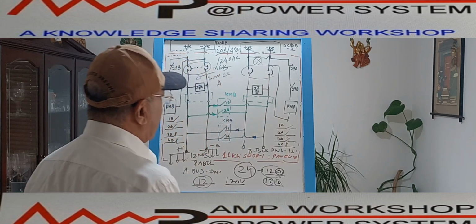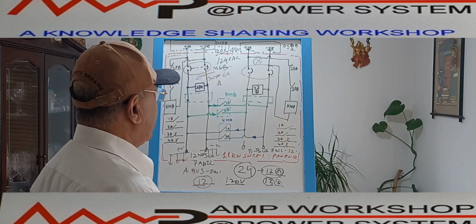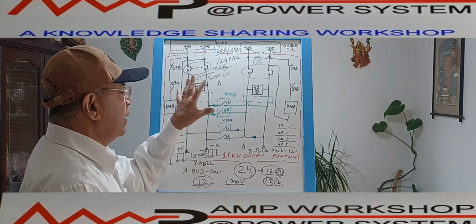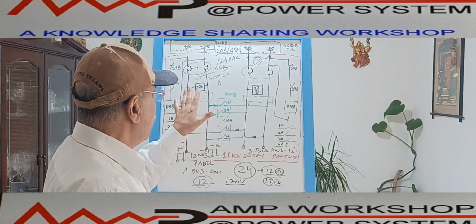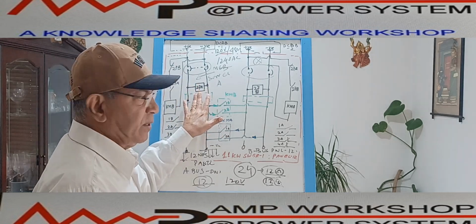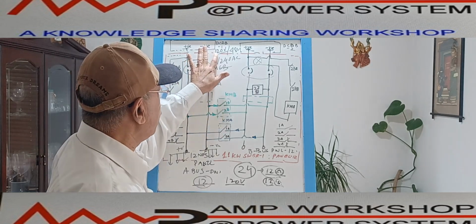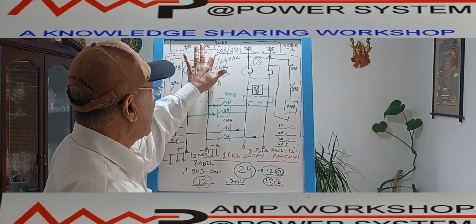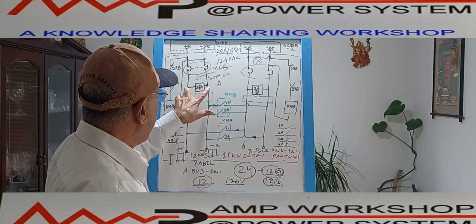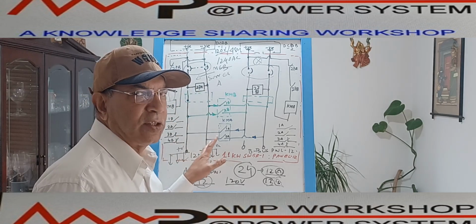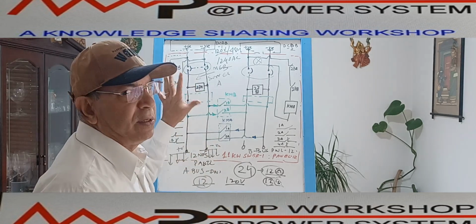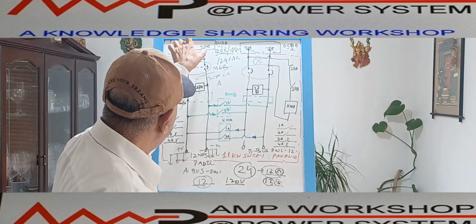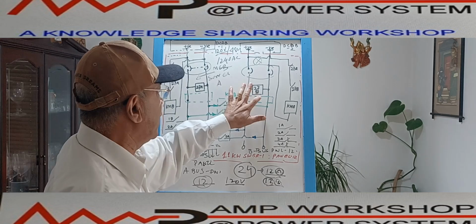This under voltage relay, how is it working? This 27 relay is normally energized. When the voltage is more than 80%, suppose it is 120 volt, 80% means 96 volt. When the voltage across this relay is more than 96 volt, the relay is picked up, meaning the relay is energized. That means when the supply is healthy, both relays are energized.